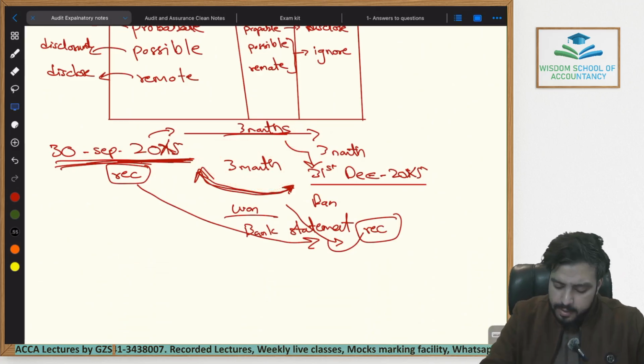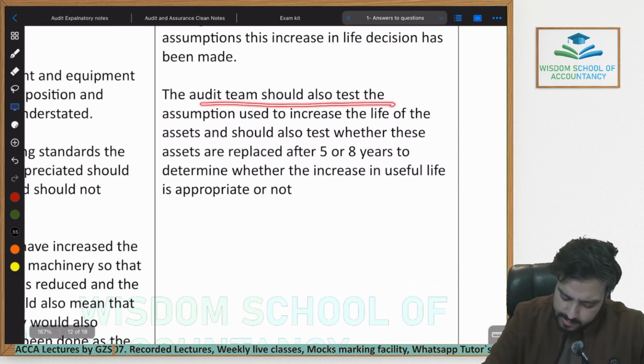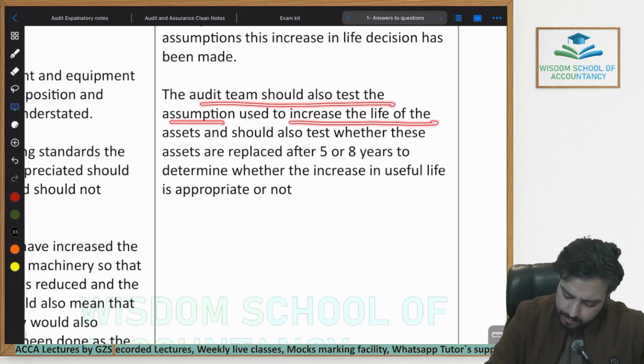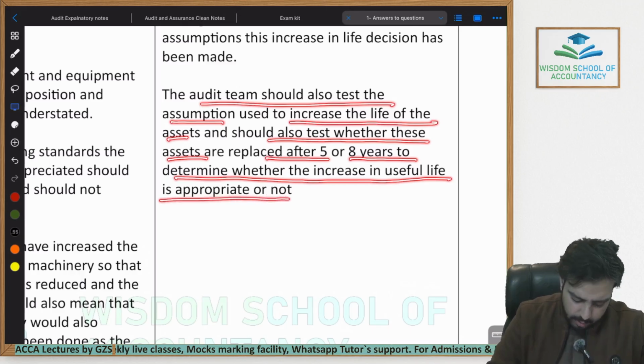What I have written down is that the audit team should also test the assumptions used to increase the life of the asset, and should also test whether these assets are replaced after 5 years or 8 years, to determine whether the increase in life is appropriate or not.